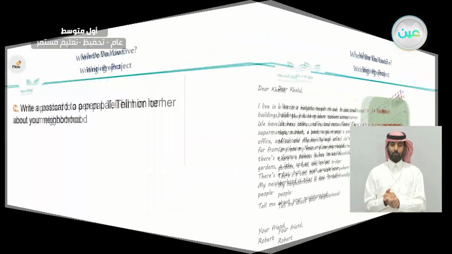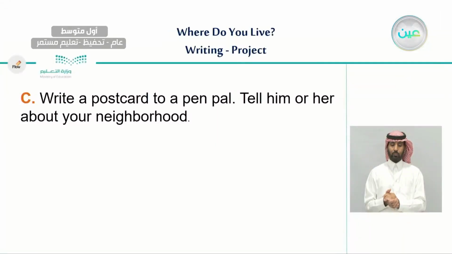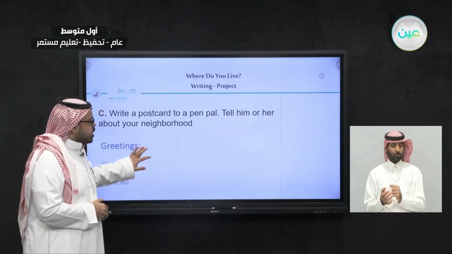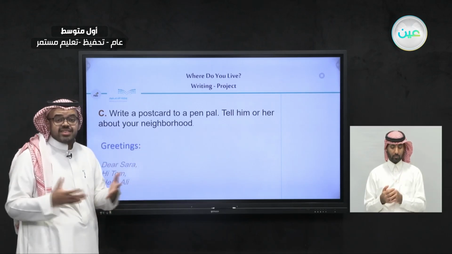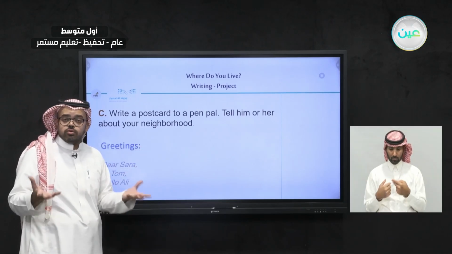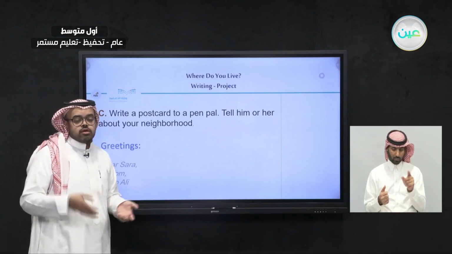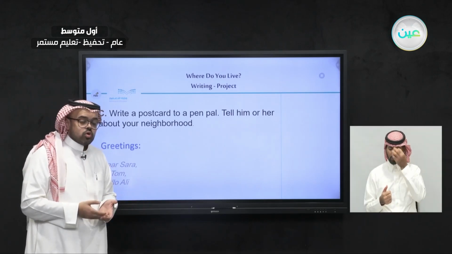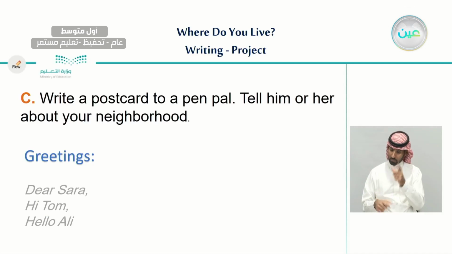Now, another exercise I would like you to do is to write a postcard to a pen pal and tell him or her about your neighborhood. Just try to write about the things that you have in your neighborhood, places, and describe the people, and remember that you should start your postcard with greetings, as Robert did.